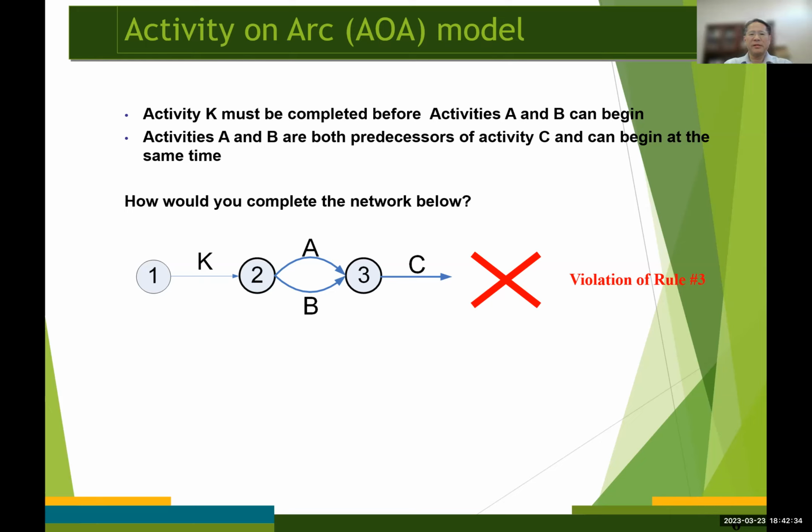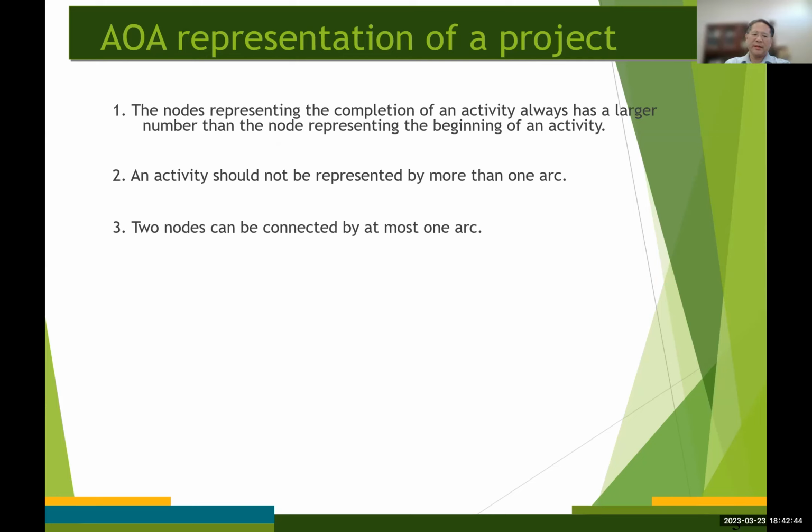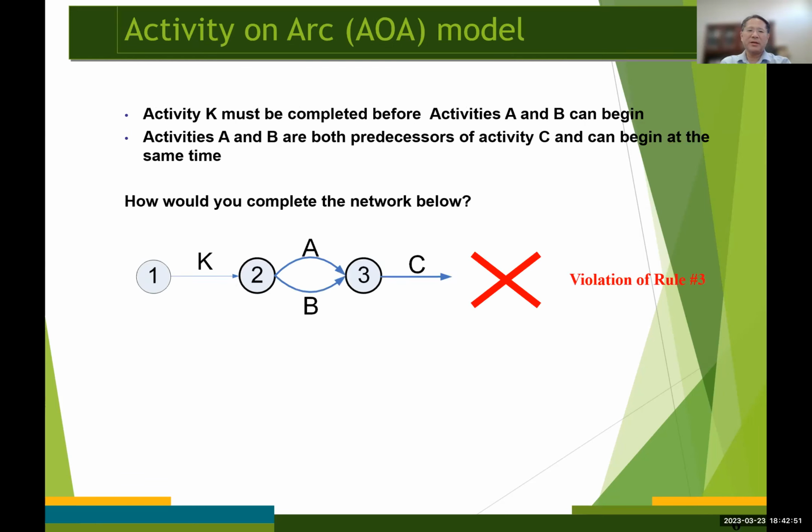Of course, this network diagram is wrong because it violates rule number 3 from the previous screen, that two nodes can be connected by at most one arc. Here you can see that the nodes number 2 and 3 are connected by more than one arc, right?